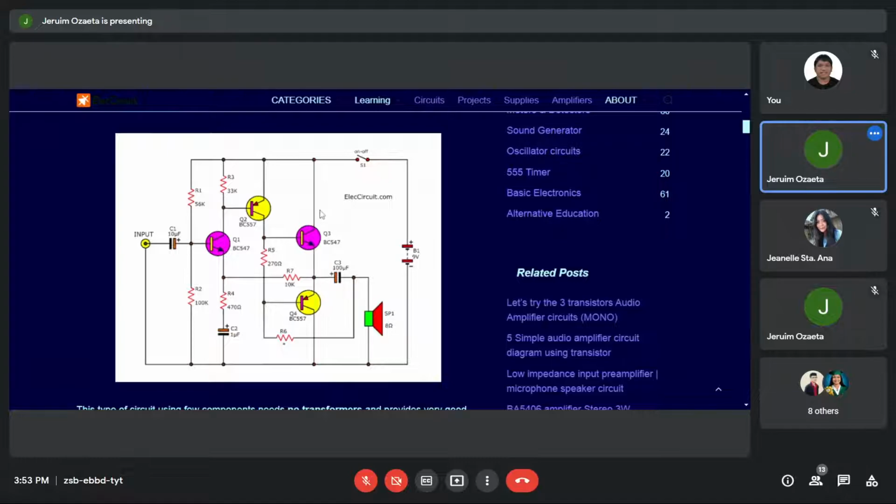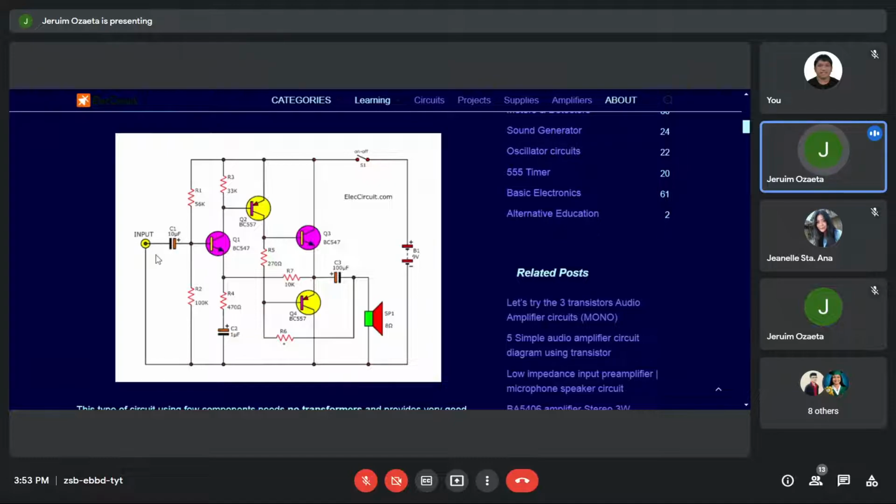Okay, so that the trigger or the biasing of the Q3 and Q4 are driven by Q2, which is also driven by Q1, where finally Q1 is the input signal at the input.